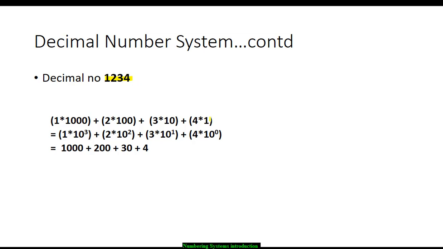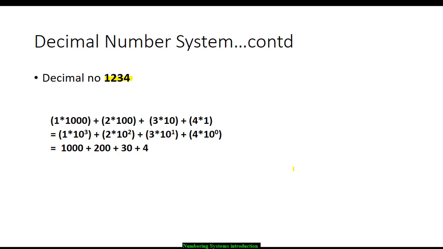So you can see it's incrementing 1, 10, 100, 1,000. If there was another fifth number here, this would be 10,000, and you continue and you go on, right? And if you look at it, you can see then it's 1 times 10 to the power of 3, 10 to the power of 2, 10 to the power of 1, 10 to the power of 0, right?